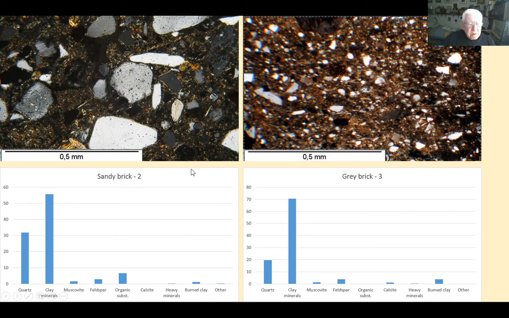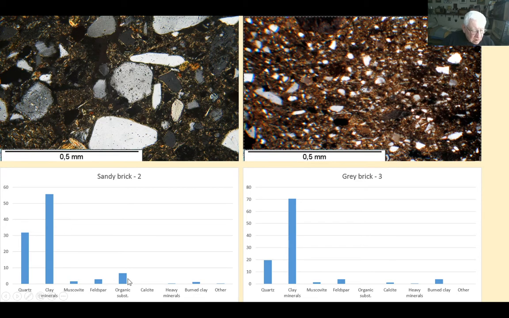Under the microscope, these sandy bricks look like this. There are quite big grains of sand and clay from silt of the Nile. And next is a dark gray brick made using only silt of the Nile without admixture of this sand. This sand is probably from Gezira, and this is not mixed with sand of Gezira.